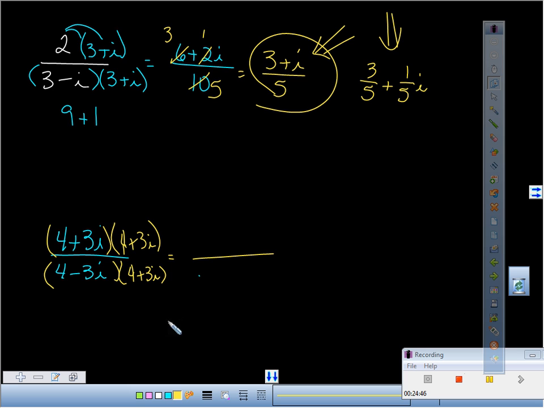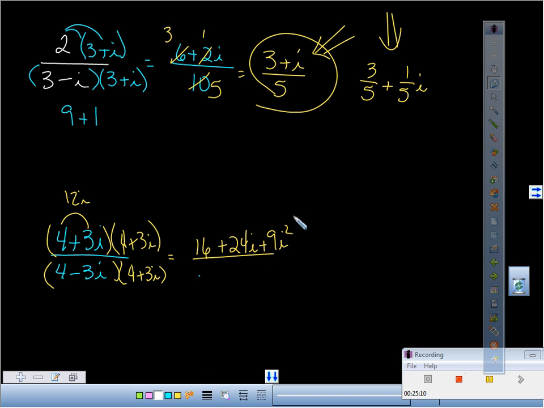Okay, so here's what I want to know. I want to know if anybody used the rule up here. I hope so. Alright, square the first, 16. Keep the sign, plus. Twice their product. If their product's 12i, what's twice that? Plus square the last, 9i squared.